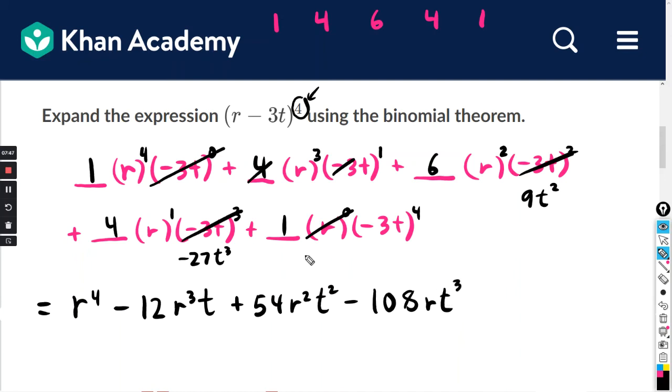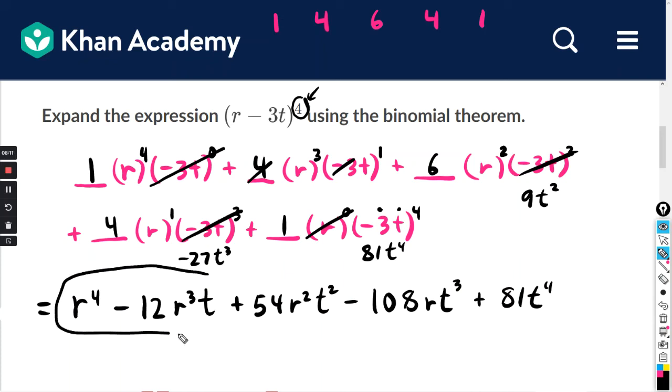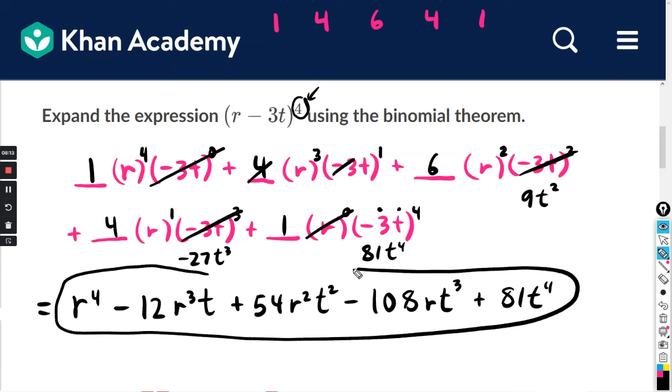And then finally, the last term is negative 3t to the 4th. Negative 3 to the 4th is 81. And that's going to be t to the 4th power. Remember, for the exponent, it's applied to each term. Okay, so that's 81t to the 4th. All right, and that is our final answer.